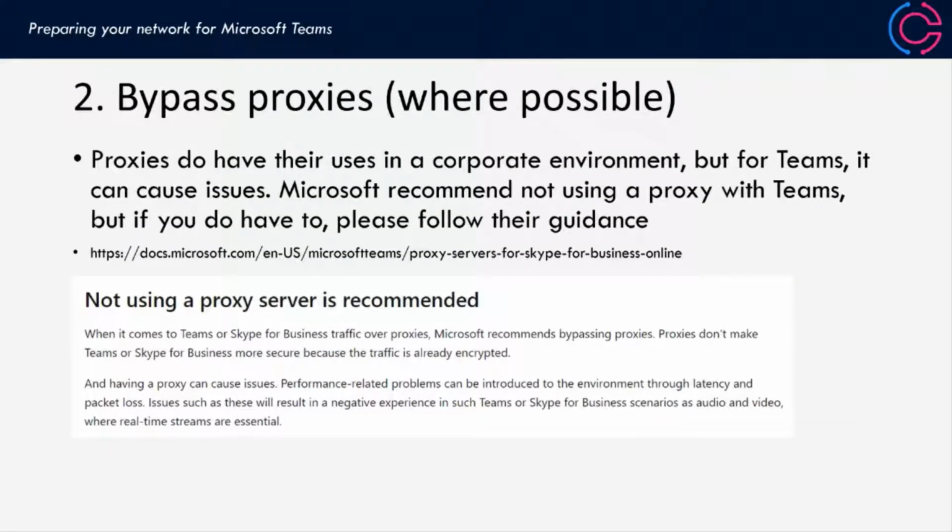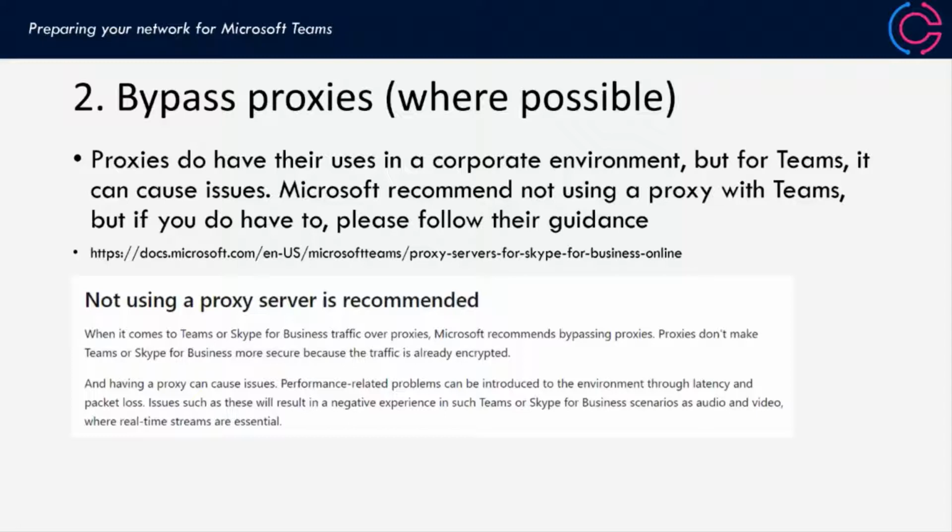And on the previous slide, we mentioned bypassing proxies, and as a whole, Microsoft's rule is that you shouldn't use proxy servers for Teams traffic if you can help it. It's not always possible, but absolutely the ones that are classed as the optimize category on the previous slide really do need to be bypassed.